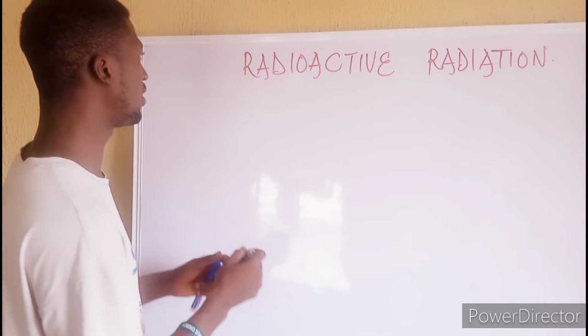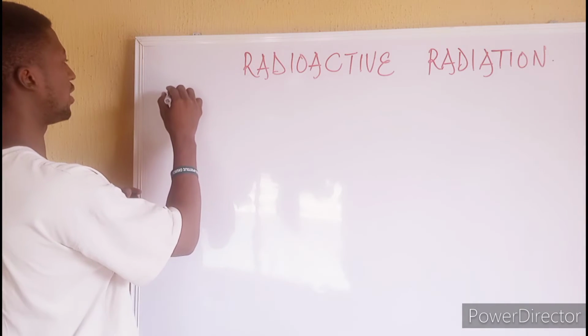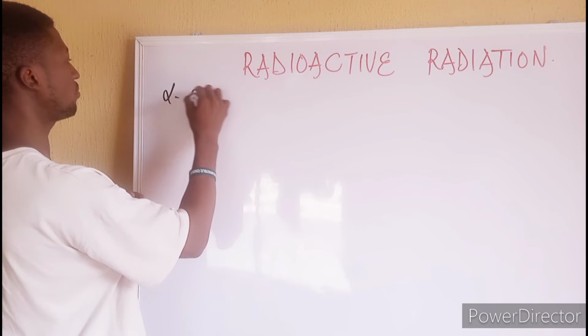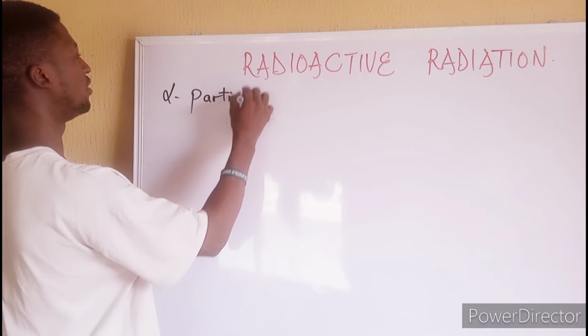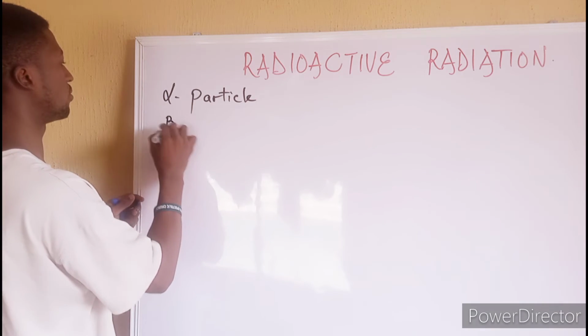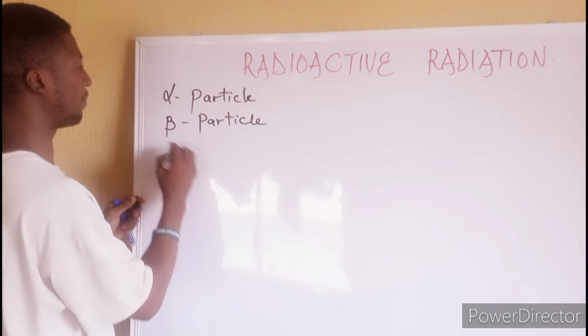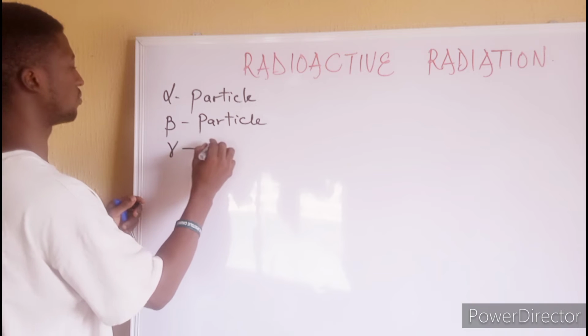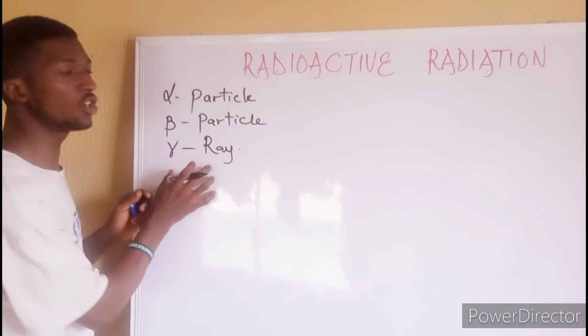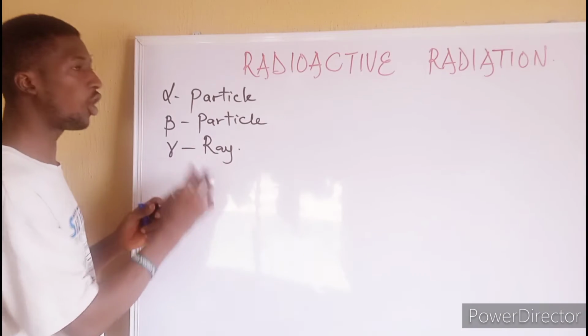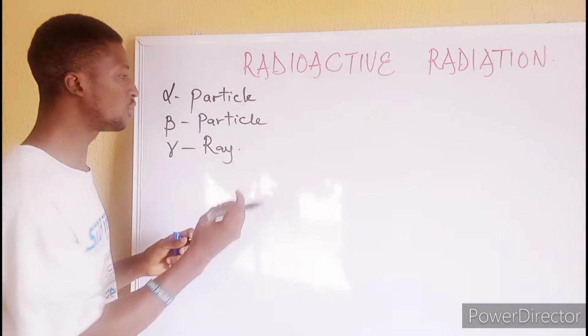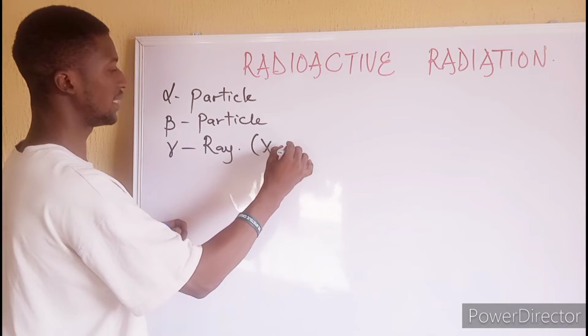What are these radiations? We have what is referred to as the alpha particle, we have the beta particle, and we have the gamma ray. During the emission of gamma ray, there is always a certain amount of X-ray that can be produced.